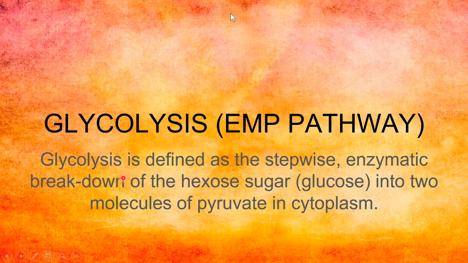Then what is glycolysis? Glycolysis is defined as the stepwise enzymatic breakdown of a hexose sugar, that is glucose, into two molecules of pyruvate in the cytoplasm. Where? In the cytoplasm.